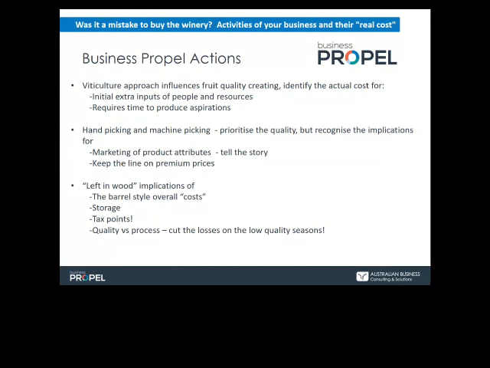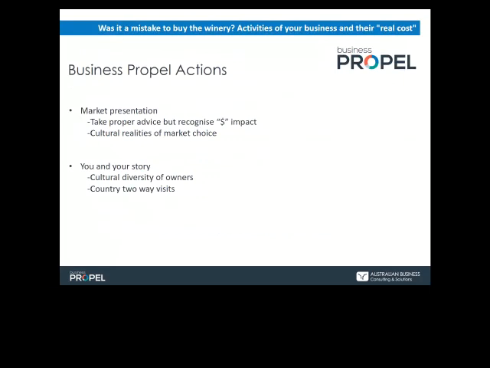Getting a team of people into your fields at 3 in the morning to hand pick at the optimum time, etc. Left in wood costs a lot more to leave wine each year in storage. You've got the storage costs. Incidentally, because it's a wine, you've got the tax consequences for GST in terms of the wine taxes, etc. What are we doing in terms of the quality versus the processes? All of these things are increasing the cost of our product.